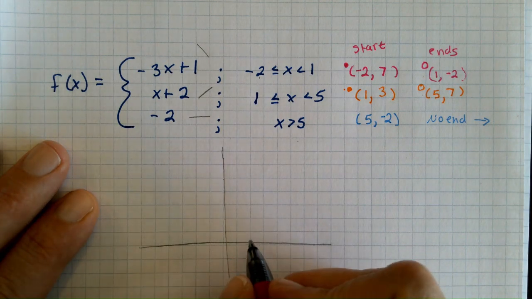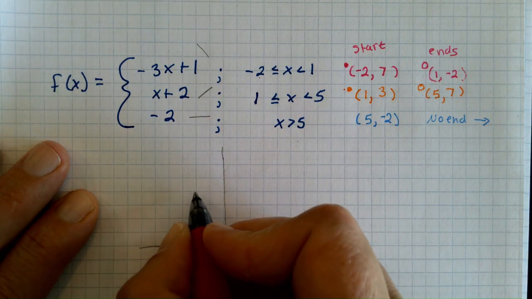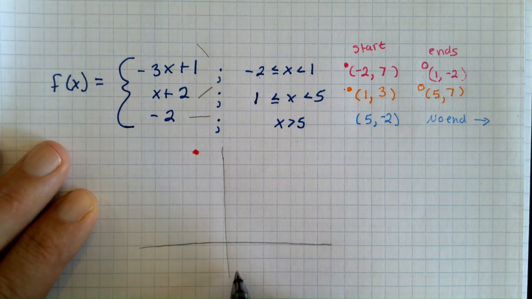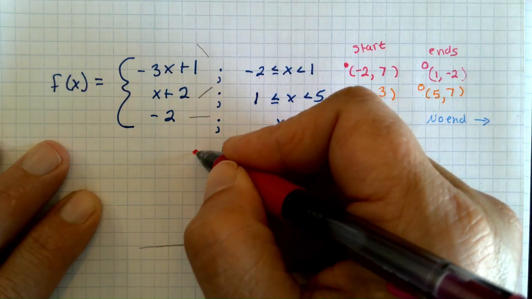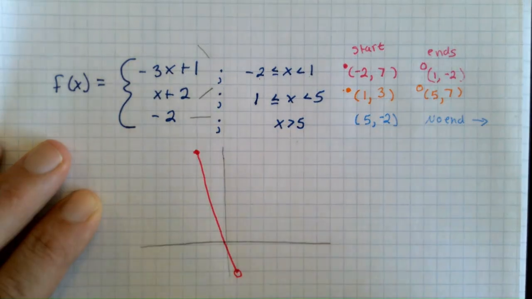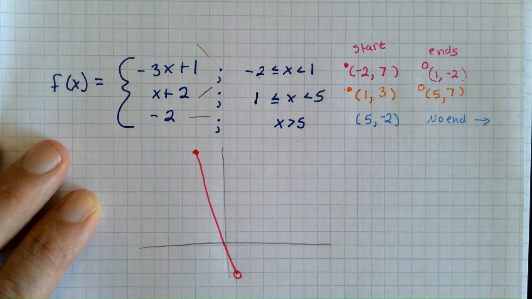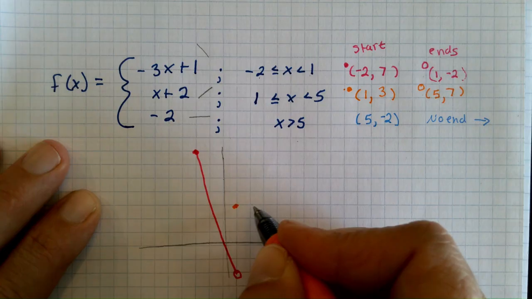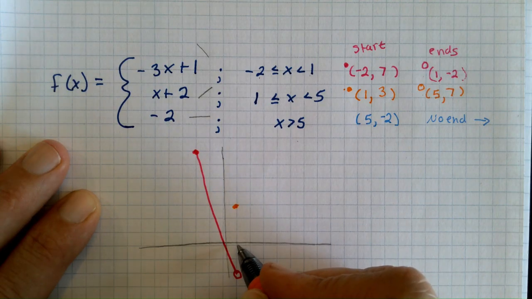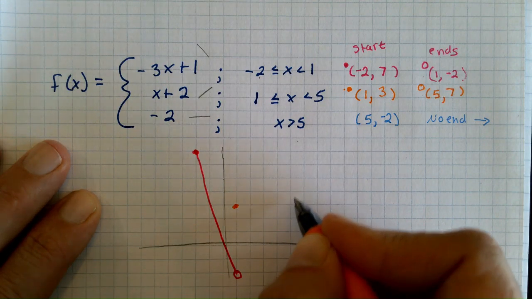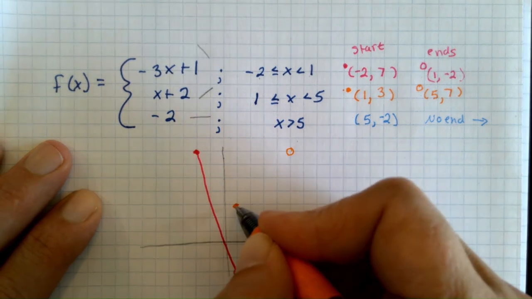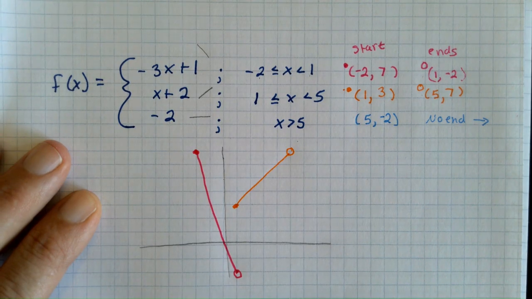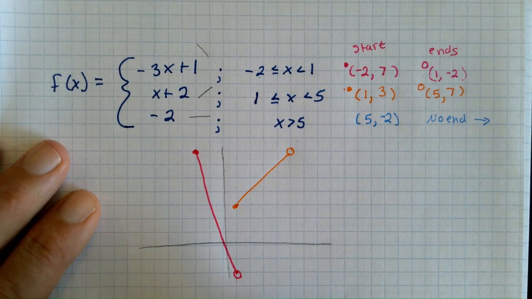Alrighty, so negative 2, 7, solid dot, 1, negative 2, open dot, connect. 1, 3, 5, 7, connect, and then 5, negative 2 is going to be continuous.